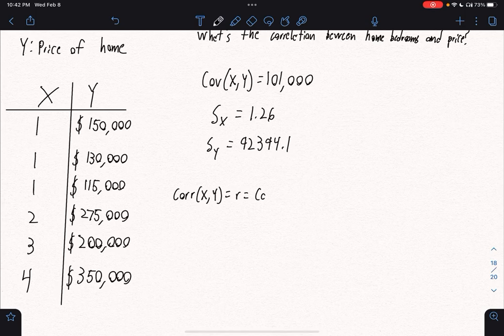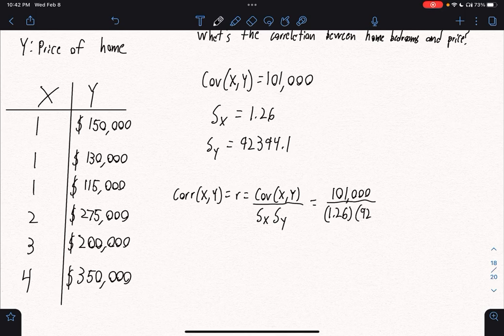And then it's equal to the covariance between X and Y divided by the standard deviation of X and the standard deviation of Y. So we just plug in. So our covariance was 101,000. Standard deviation of X is 1.26 multiplied by 92,000, 394.1. And when we do, we get a value of 0.86.